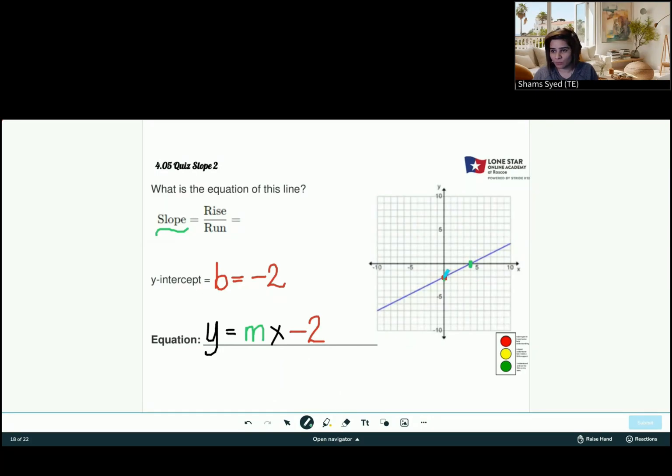I go up 1, rising is 1, and I go over 4. Oh, look at me. I am misreading it. I apologize. I went up 2. I actually went up 2, then I was saying 1. I went up 2 because of the red dot.